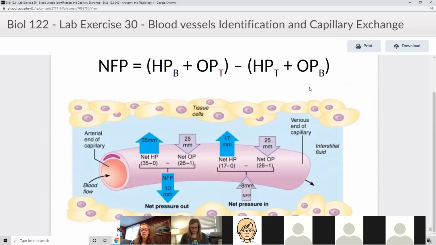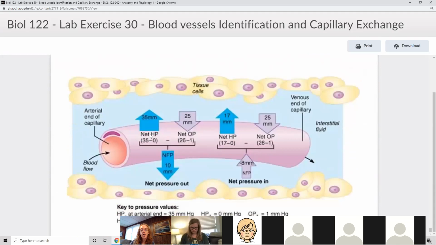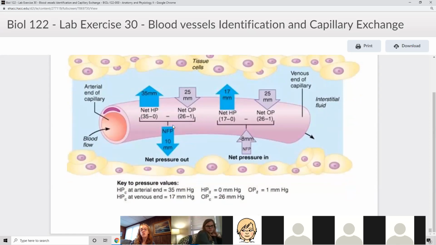So here, if the hydrostatic pressure within the blood is 35 millimeters, and the tissue osmotic pressure is 25, the result is that there's going to be a net filtration out of 10.